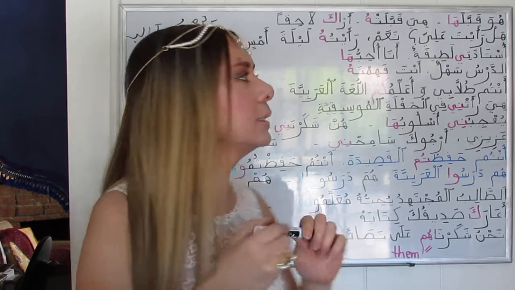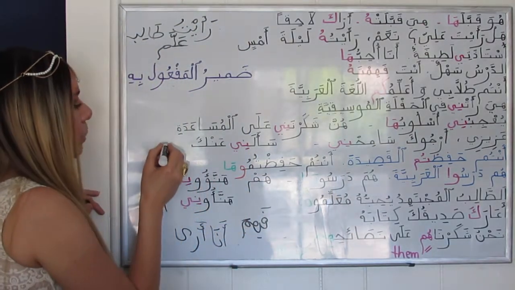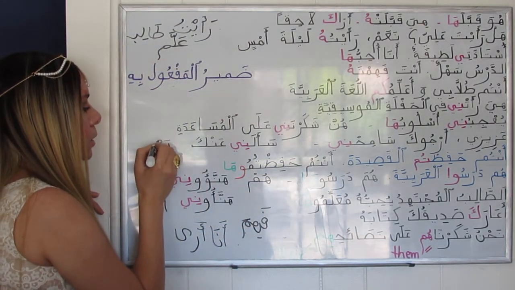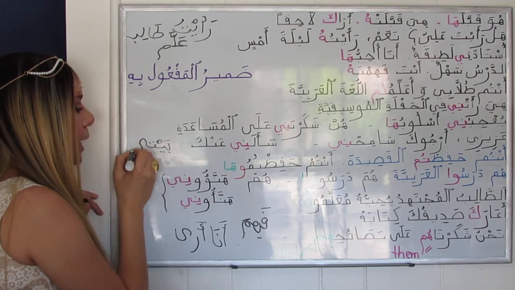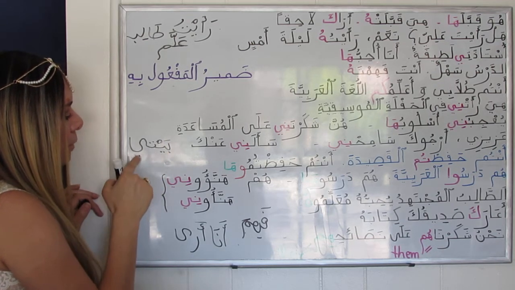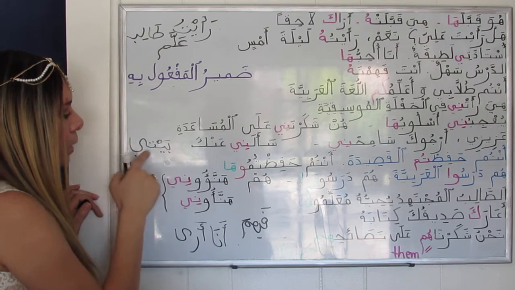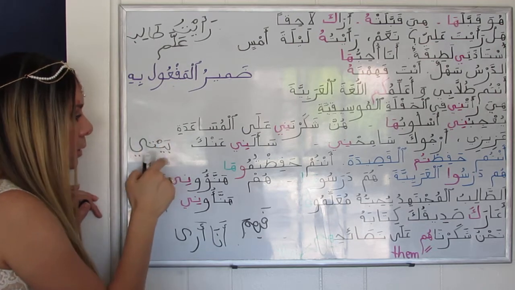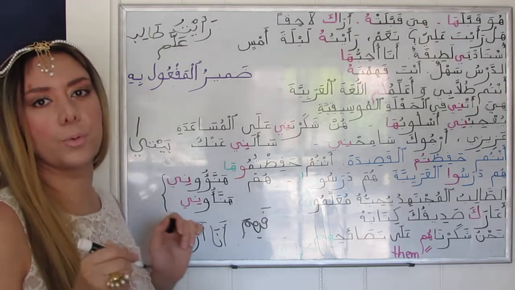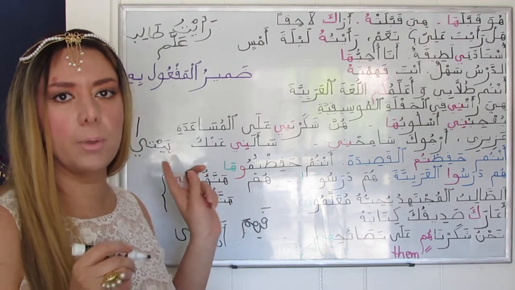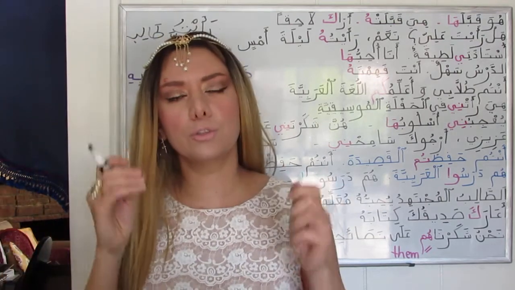So, all the possessive pronoun suffixes like i, ka, ki, hu, ha, for example, if I say بيت, house, بيتي, if we attach a suffix possessive pronoun to this noun, this is a possessive pronoun, not an object pronoun, because we attach object pronouns to verbs.